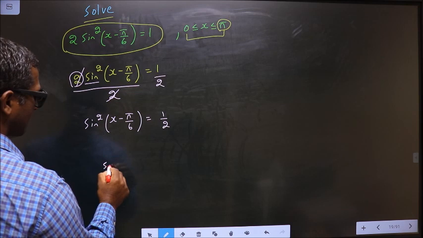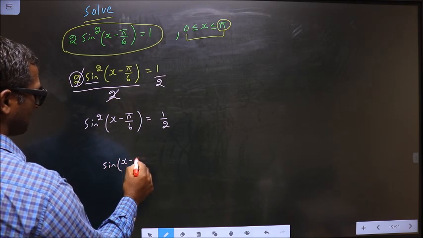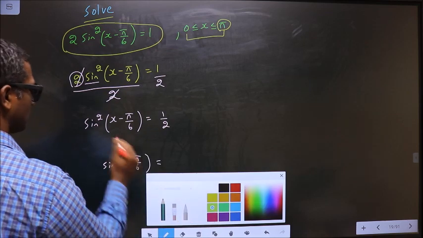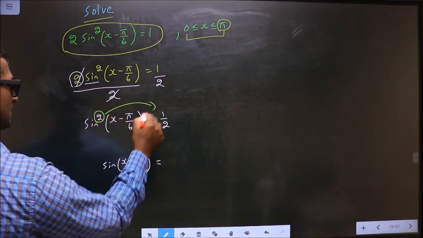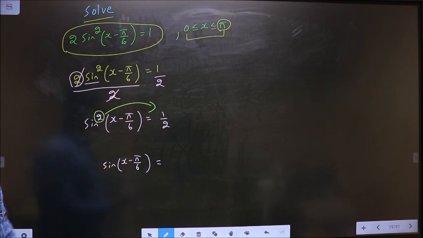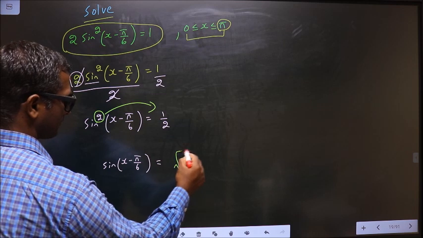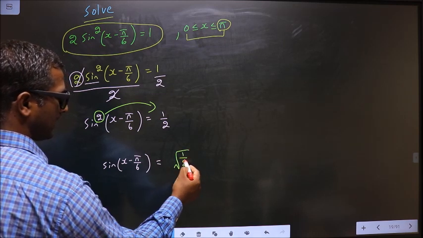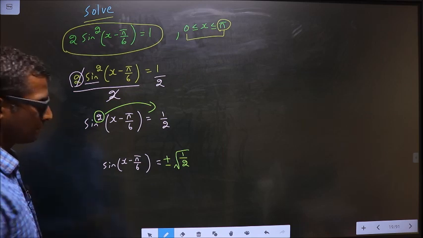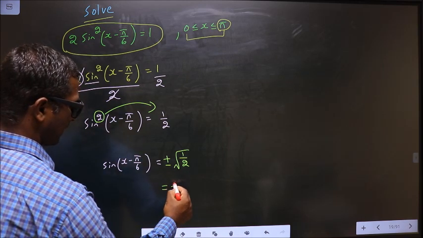Now, to get sin(x − π/6), we should shift the square to the other side. When you shift the square to the other side, it becomes a square root. Not only that, you should also consider both positive and negative, so we get plus or minus.